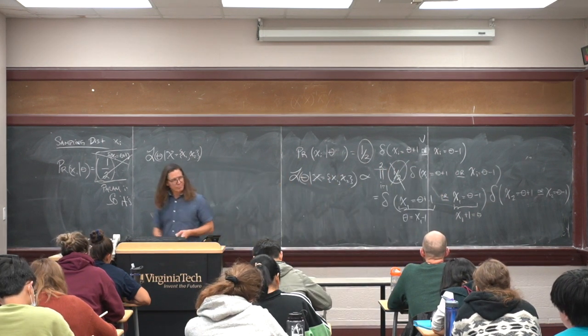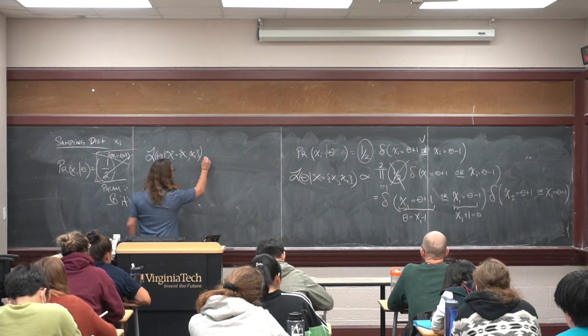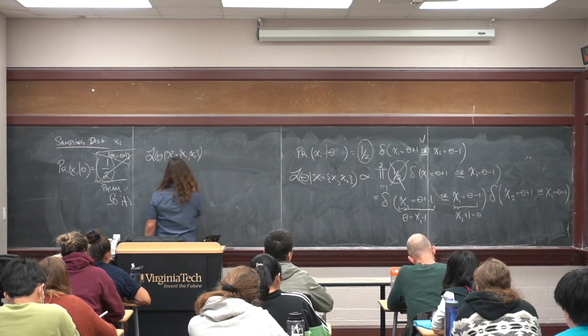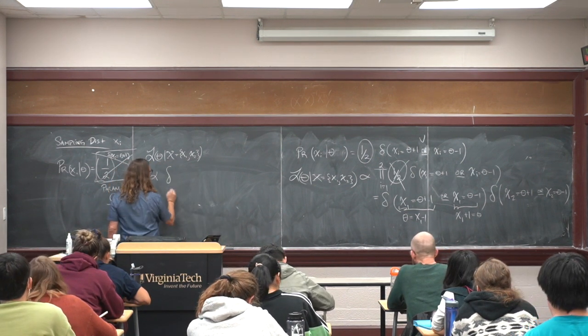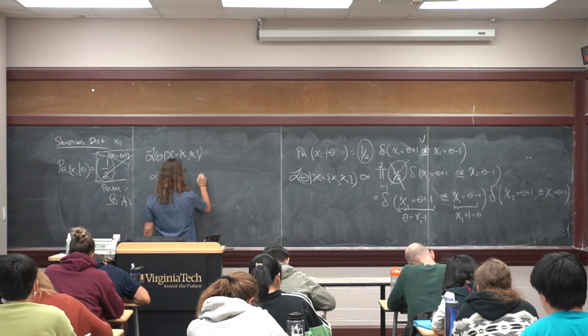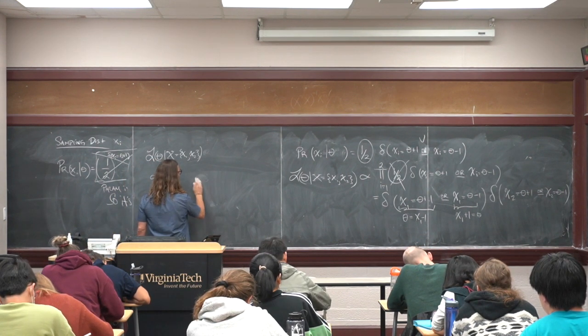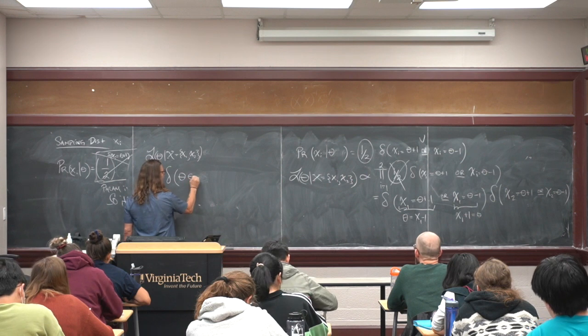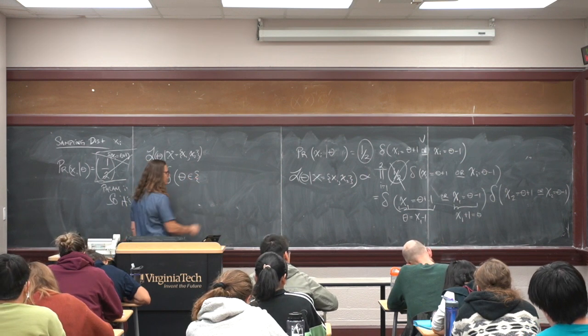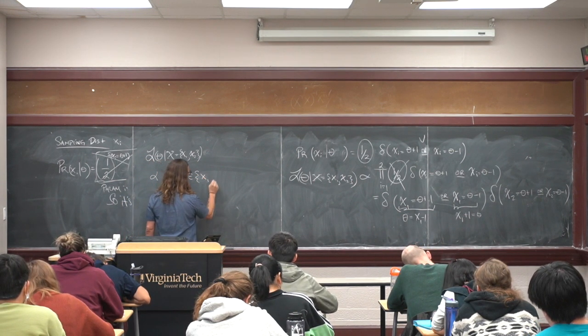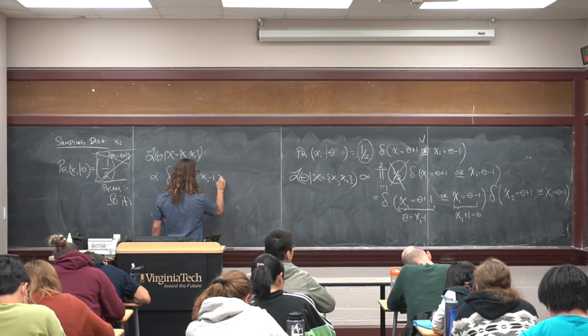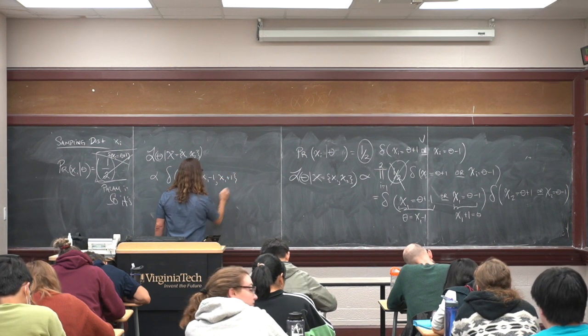So it looks like this. Proportional to delta theta. I'm going to write it a little bit differently. Theta is an element of one of two things: x1 minus 1, or x1 plus 1.